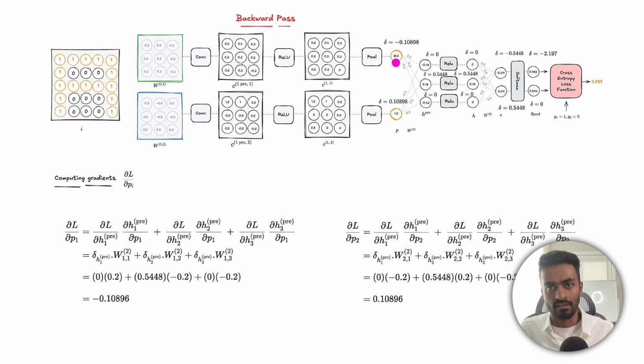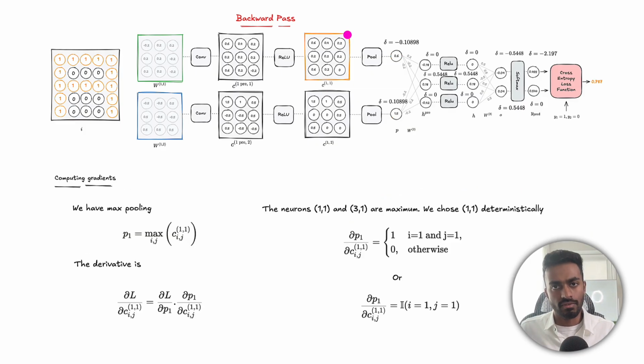Then how changing this neuron affects this third neuron, how this third neuron affects the loss. That's over here. And then, if you substitute the values that we've already computed and use the inputs, the weights as such, right, as multipliers, you're going to get negative 0.10896. That's what we write as the gradient over here. And in a very similar way, we compute the gradient here to be the positive of that value. And its computation is just given right over here.